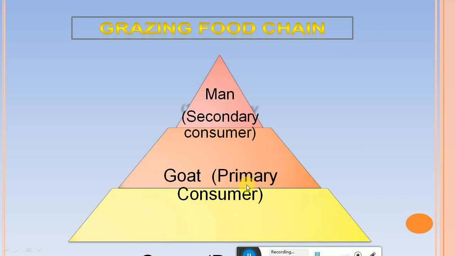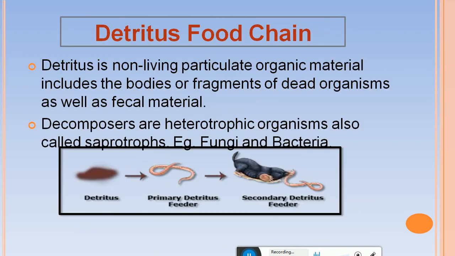And man may be a secondary consumer, because in turn the goat acts as food for man. This is an example of a food chain, with an interaction between the primary and secondary consumers and also the producers.